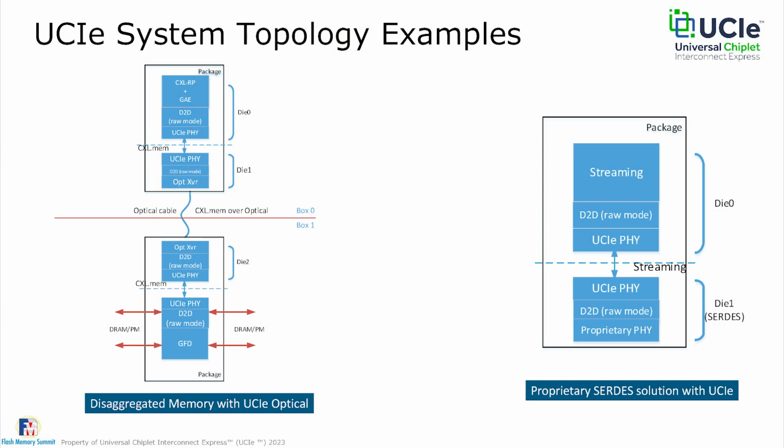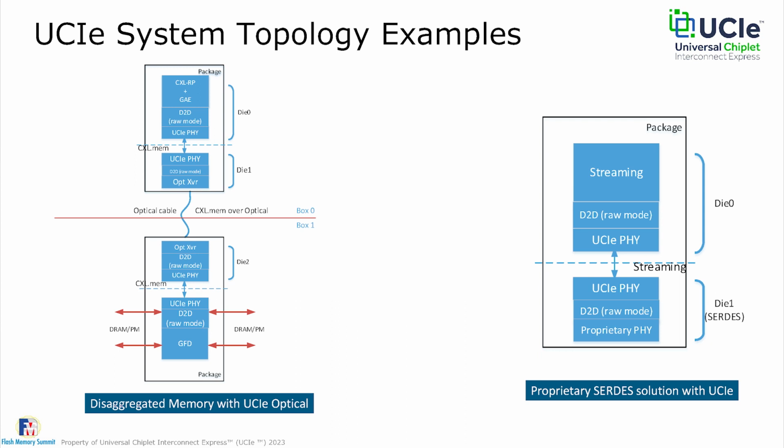The interface used directly there could be CXL protocol, or something else, but ultimately from the end-to-end perspective, in this case it's CXL, but it could be a streaming protocol as well. On the other side we have DRAM associated with it. There's a die which provides a communication channel between optical links.